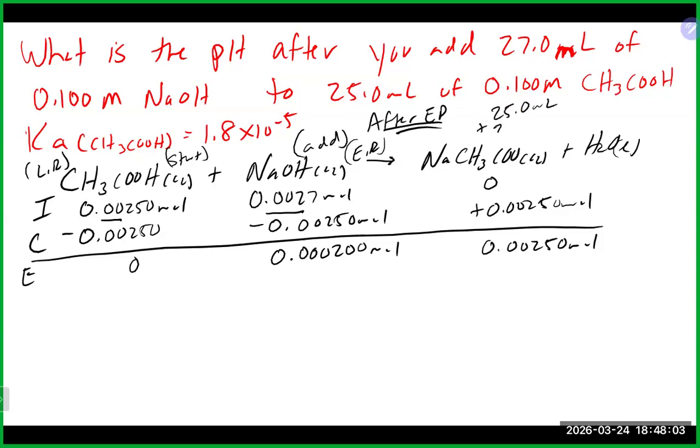Converting back into liters, we started with 25 milliliters of acid and we added 27 milliliters. So that's going to give us a total volume of 52 milliliters. We're going to convert that into liters, so 0.052 liters for both of these.